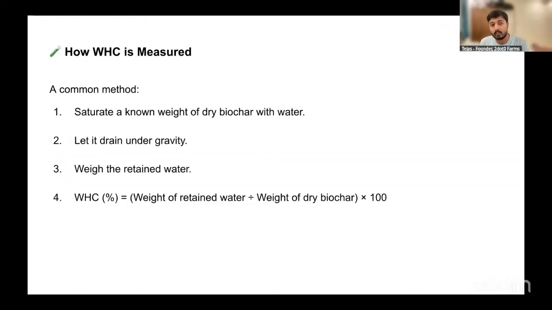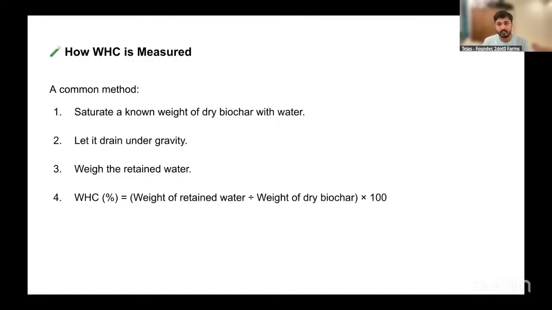This is an interesting thing on how we can test water holding capacity for any material. A common method is to saturate a known weight of that material fully with water. If you think it takes time, you can saturate it for a longer time, and then let it drain under gravity.